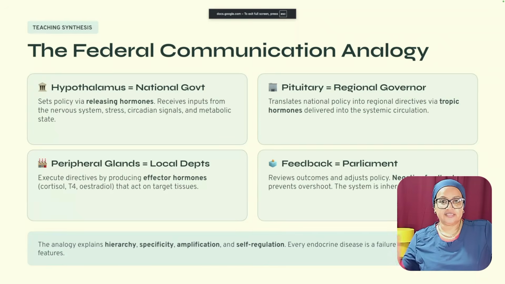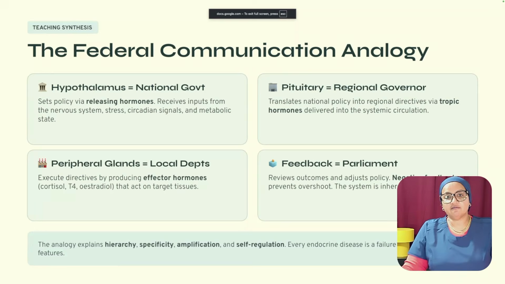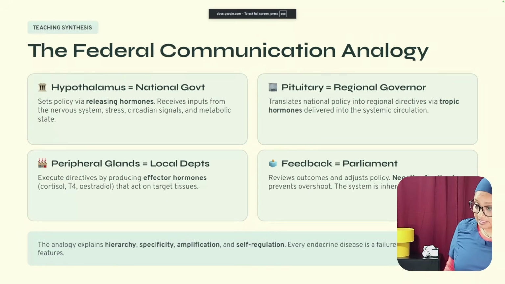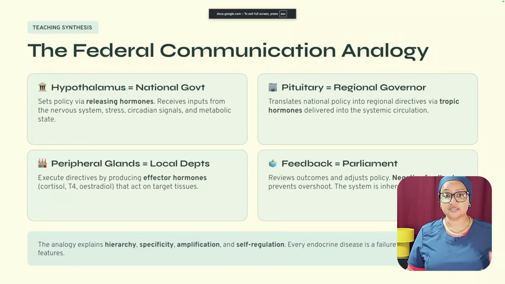So every endocrine disease is ultimately a failure of one of these four components: the national government failing, hypothalamic disease; the regional government failing, pituitary disease; local government failing, primary gland disease; and then the parliamentary review failing, feedback disruption. That framework will guide every video that follows in this series. That's how we are going to think about the endocrine system.